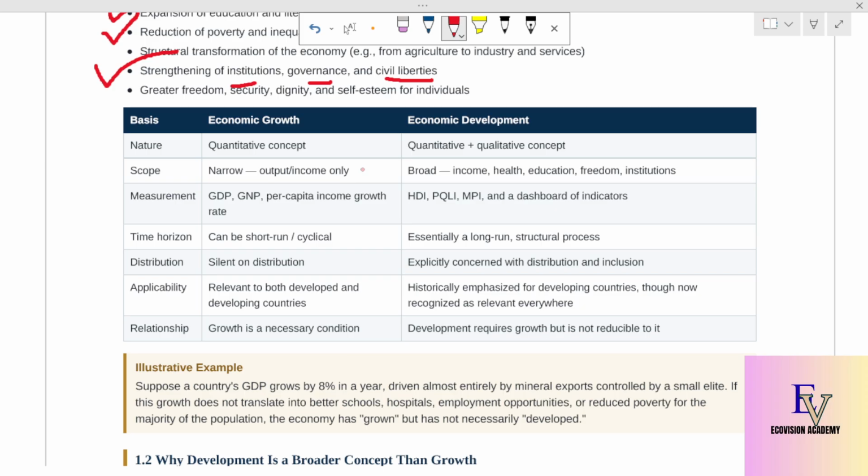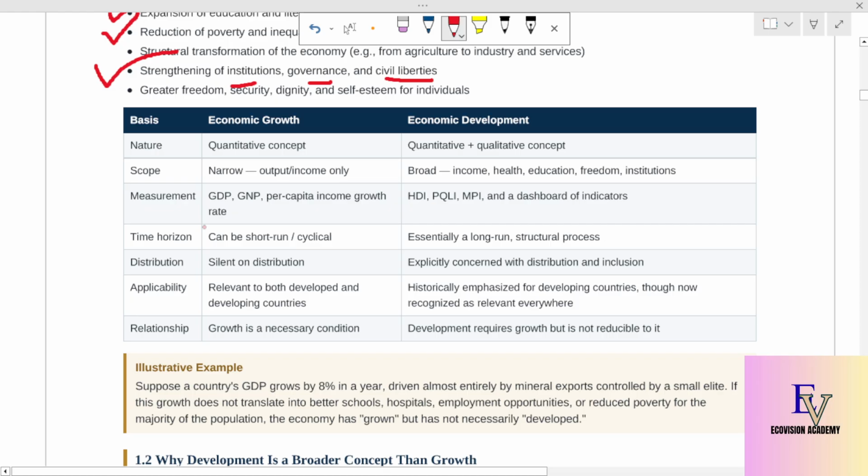Quantitative and qualitative basically mean: what we can measure with figures, that is GDP, GNP or any other factors which we can measure with figures, that is basically quantitative. And qualitative basically means the total concept of the educational sector, health sector, poverty, inequality, unemployment, each and everything which we consider for a country to grow.